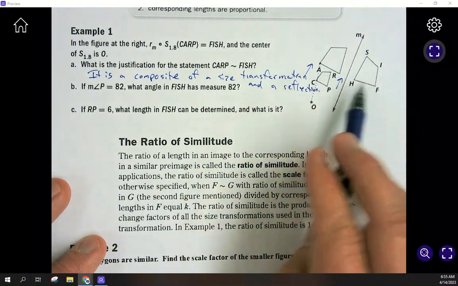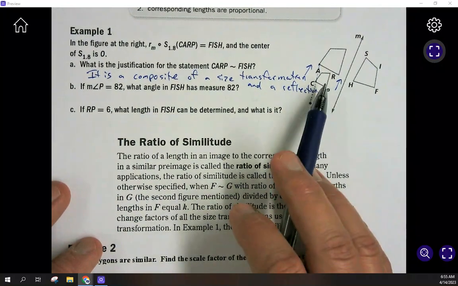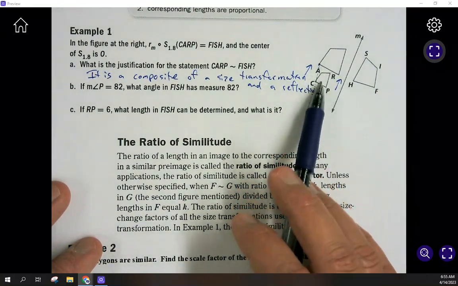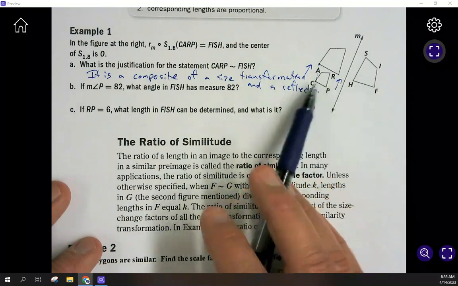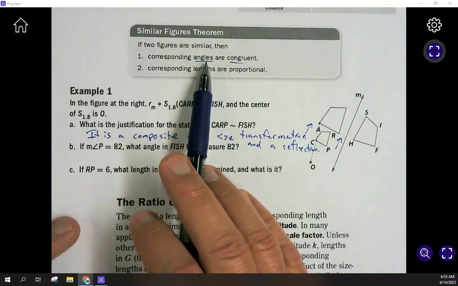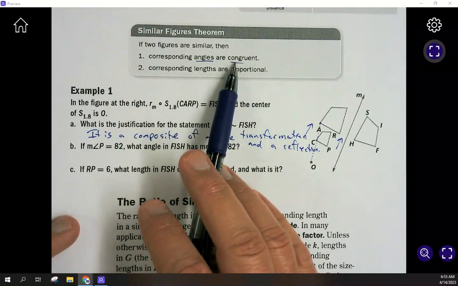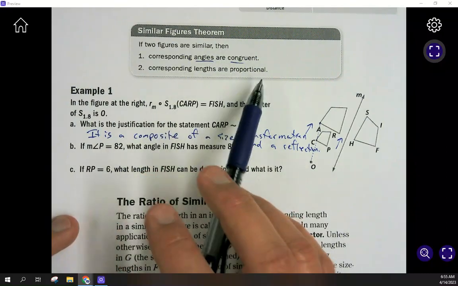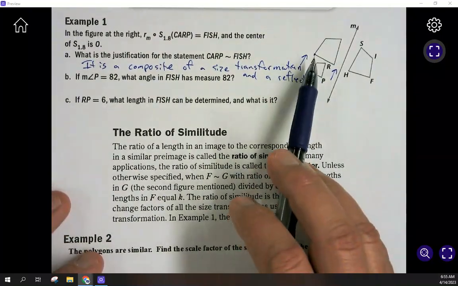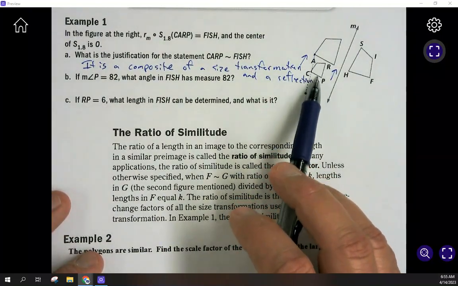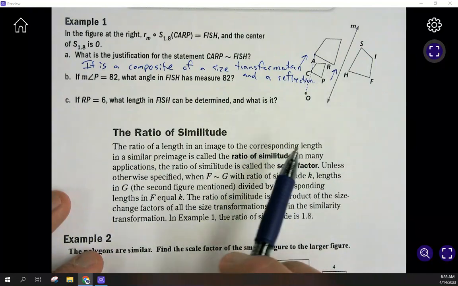So that's how we know these are similar. The only thing that's happened to it is it's changed size, and it's been reflected. So therefore, I know that these are similar to each other. And if they're similar, that means all the angles are congruent, and the corresponding lengths are in proportion. Not the same size necessarily, but every single length has been increased by the same factor.